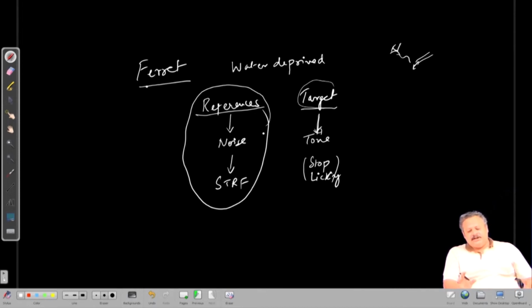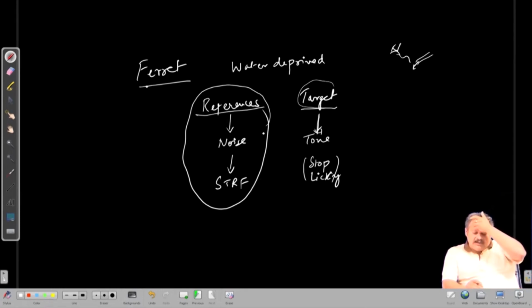So, this is essentially a tone detection task, and they learn this task pretty fast by means of a tiny shock on their tongue. So, the tone gets associated with the shock, and so they know that they cannot lick the spout at that point, and the rest of the time they can.